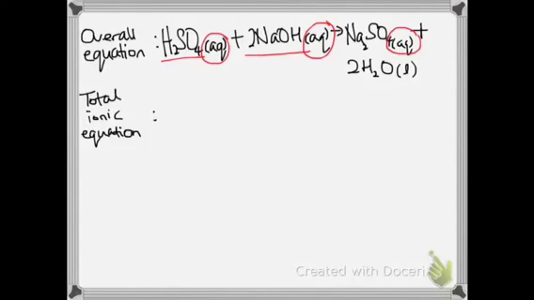Now let's take a look first at sulfuric acid. Sulfuric acid releases H+ (aq). But remember, this is H2SO4, therefore the coefficient should be 2. It also releases a sulfate ion.